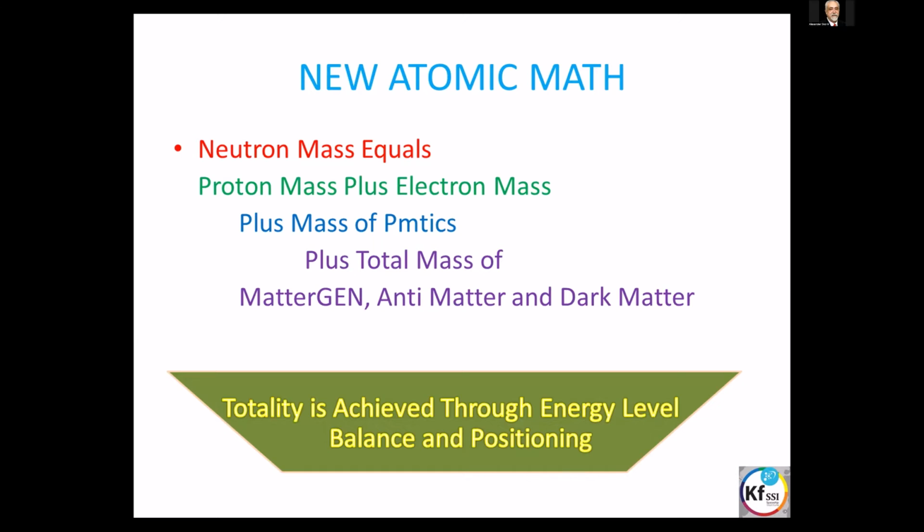So the totality of the mass is achieved through an energy level balance and positioning. So if you're going to have a balance, you have to have a balance of 3 levels. And if you're going to have positioning, then there has to be a force. And that force then becomes a result of pressure. And of course, so that pressure is a result of motion.